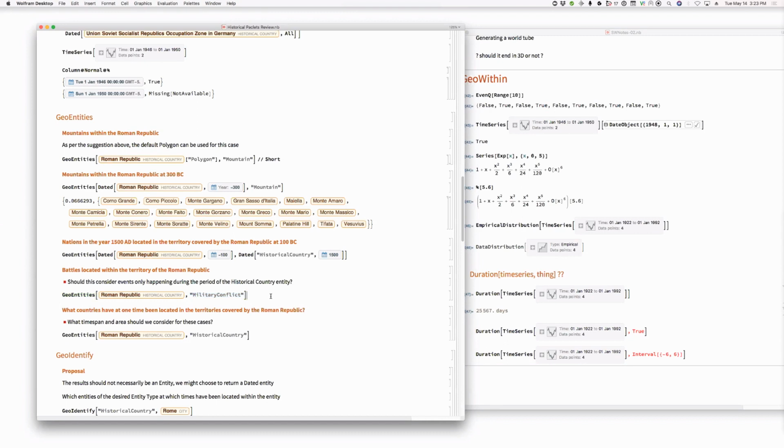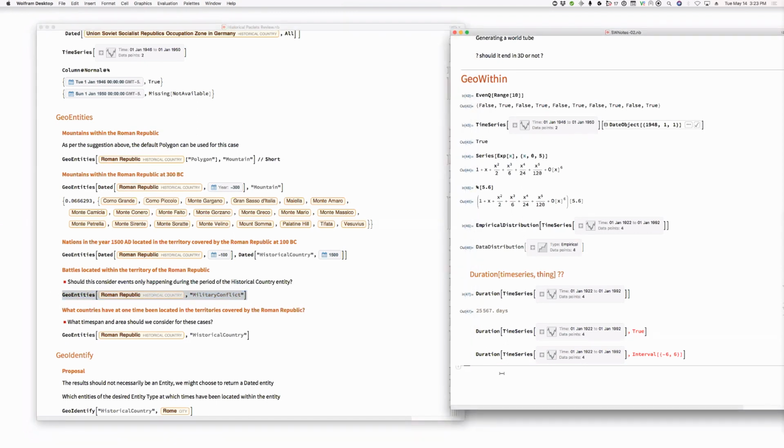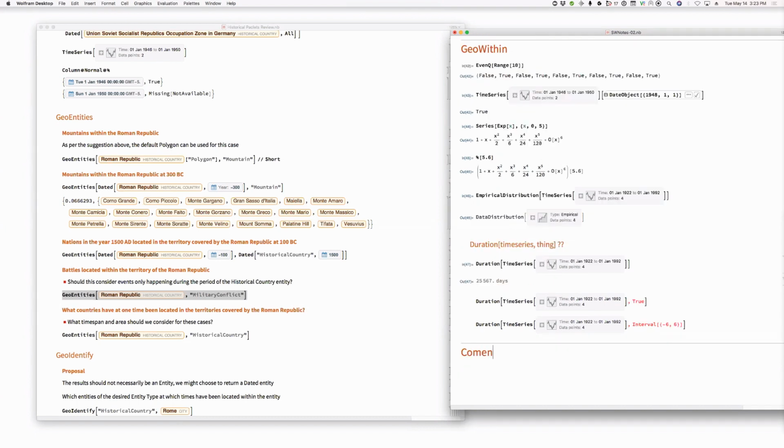See, for example, let me give you another example: comets visible during the Roman Republic. How would we figure that out? That is an analog of GeoEntities, but for time. See what I'm saying?